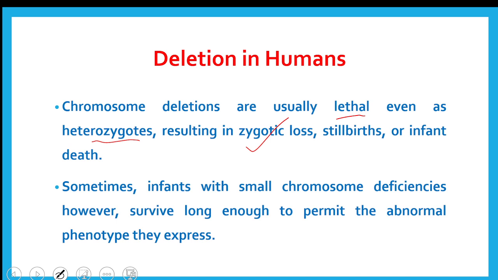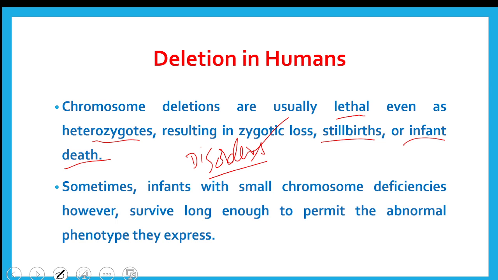Even if the zygote continues the embryonic development, the embryo may be aborted. Or even if it lives, the infant may die. Even if the infant continues to live, it leads to certain disorders. So this is the cascade of effects of deletion in human beings.